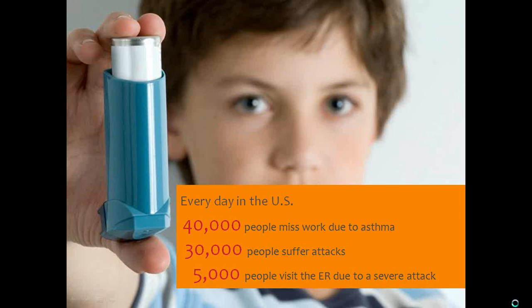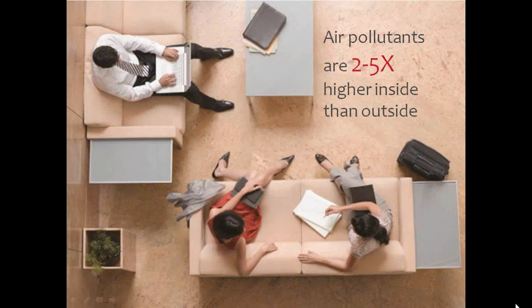Well, on the next slide, what we're going to see here is that just the amount of the volume, if you will, of contaminants in a space can be really alarming. What we know is that indoor pollution is 2 to 5 times higher than outside.